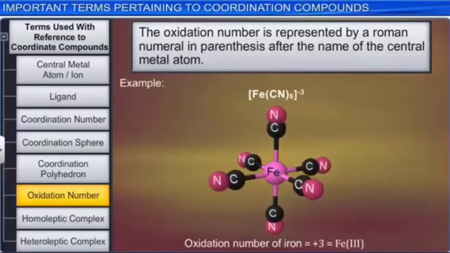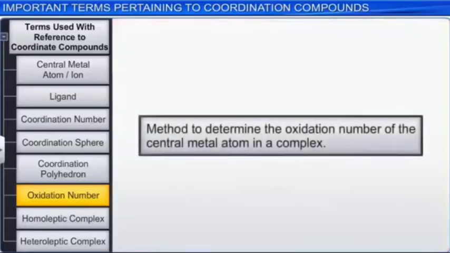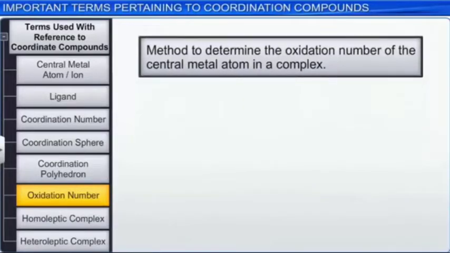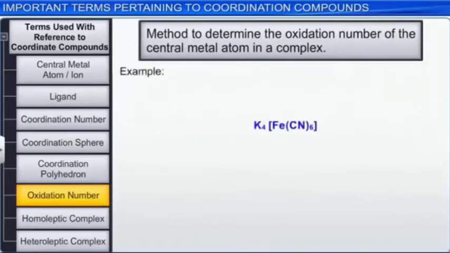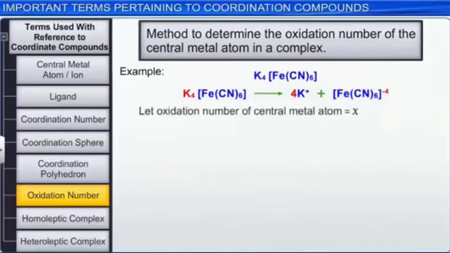Let us learn the method to determine the oxidation number of the central metal atom in a complex. Let's take K4[Fe(CN)6] as an example. As the complex has 4 monovalent cations outside the coordination sphere, the complex ion carries a charge of -4. That is, [Fe(CN)6]4-. Let's assume the oxidation number of the central metal atom as X. The cyanide ion is a monodentate negative ion.